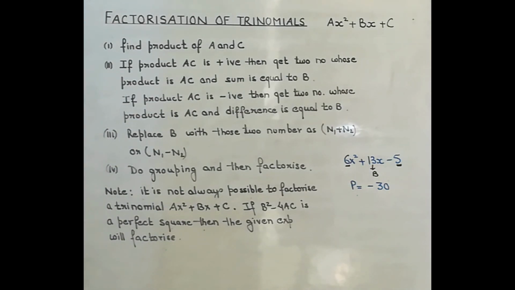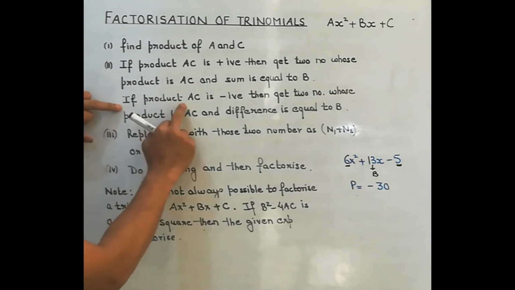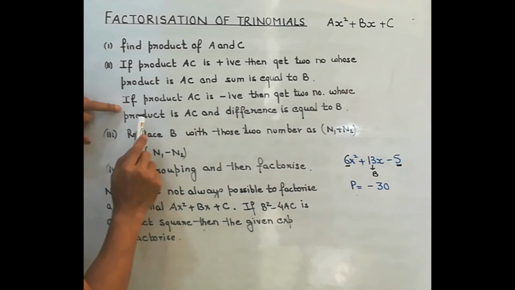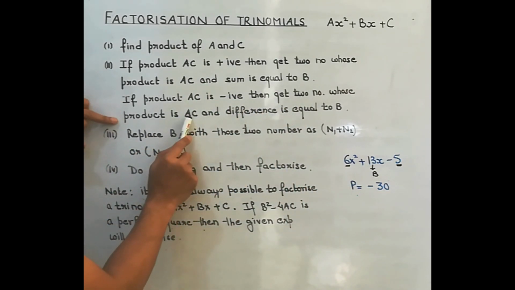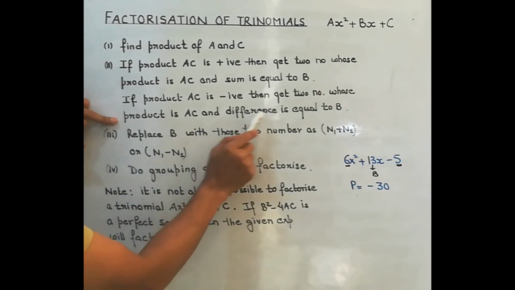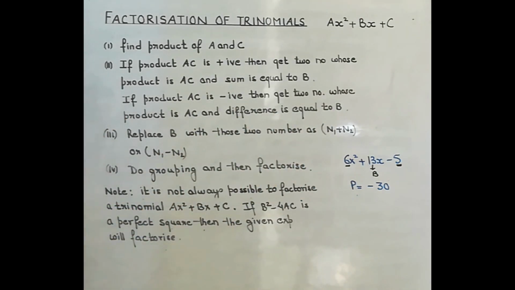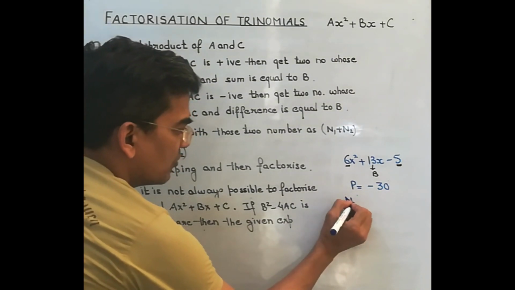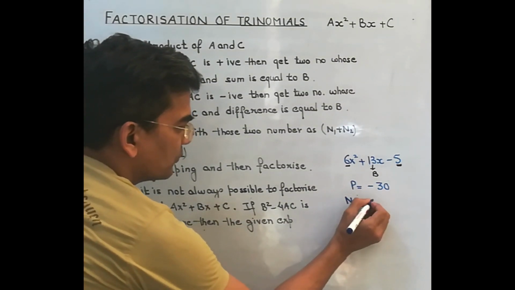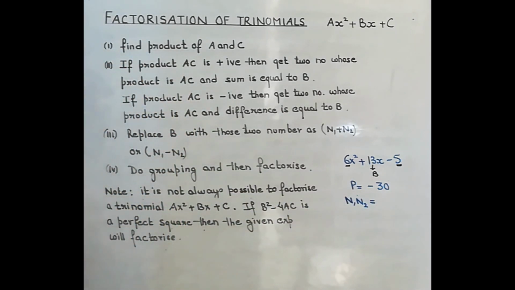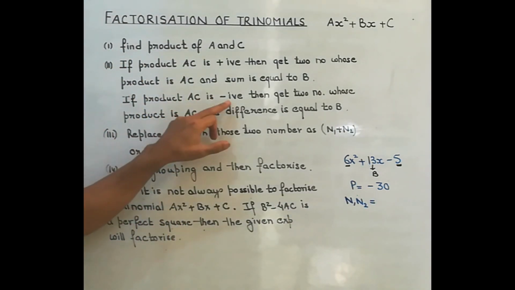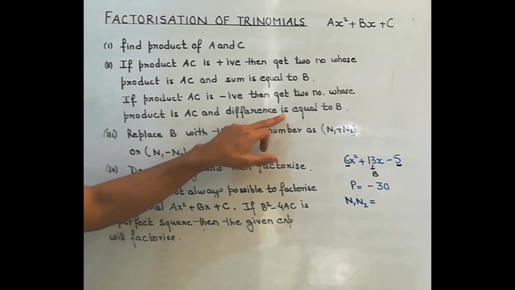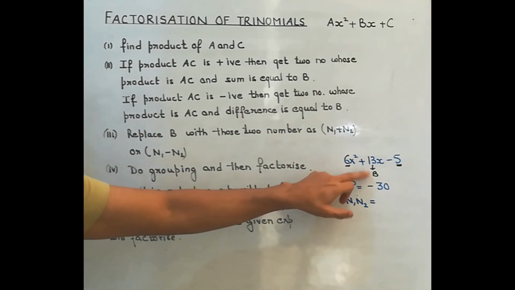Now what the second step says, if product is negative, then get two numbers whose product is AC but difference is equal to B. In this case we have to get the two numbers N1 and N2. How much is B over here?